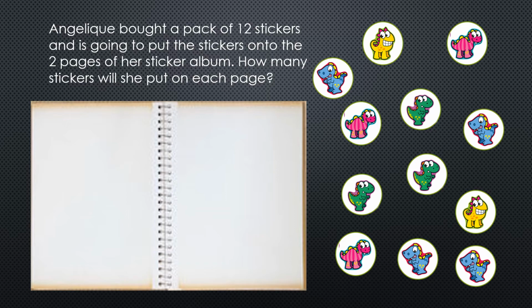We need to find how many stickers will be in each group, or how many stickers will be on each page. So we're looking for the objects in each group. So in this case, we're going to take our 12 total stickers, share and divide them equally onto the 2 pages, which are the groups, and we want to know how many stickers will be on each page.